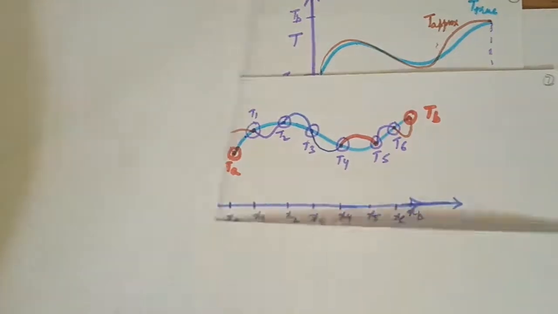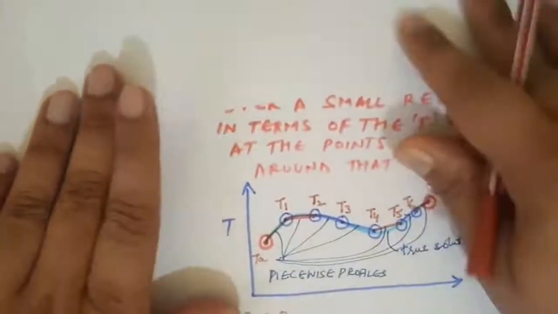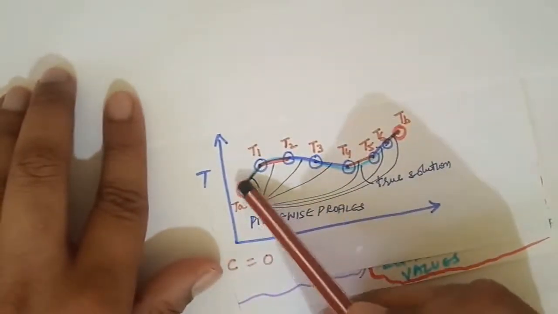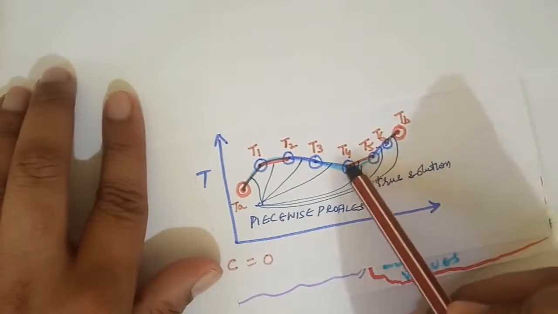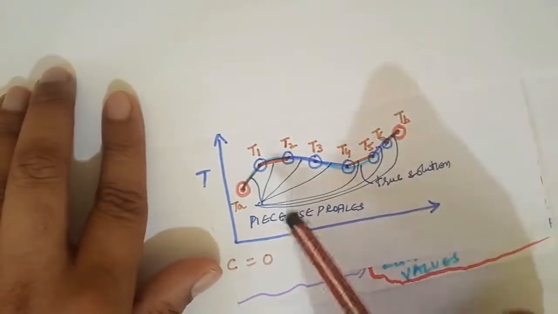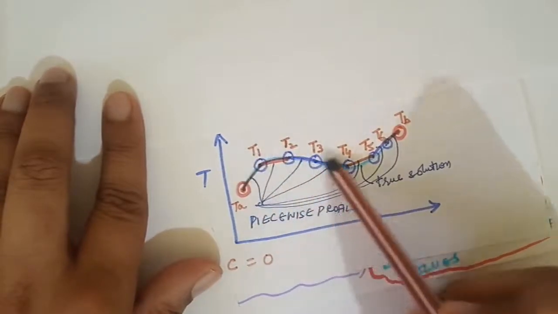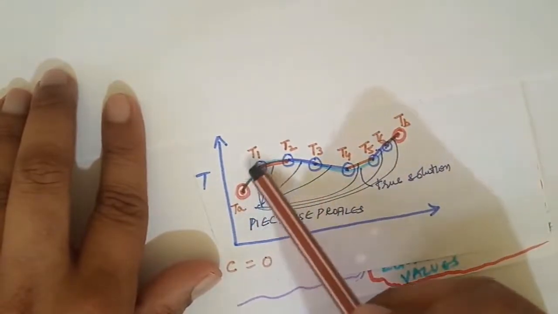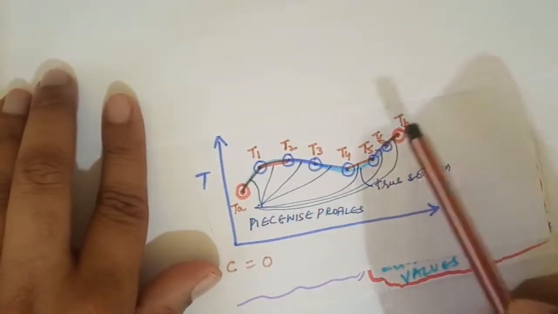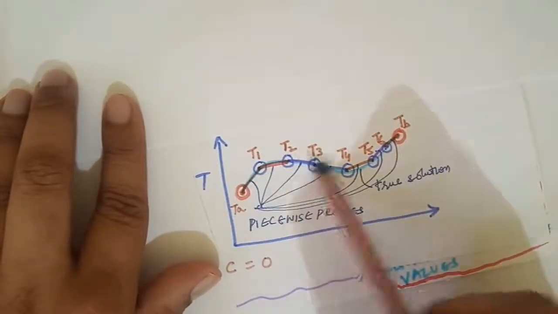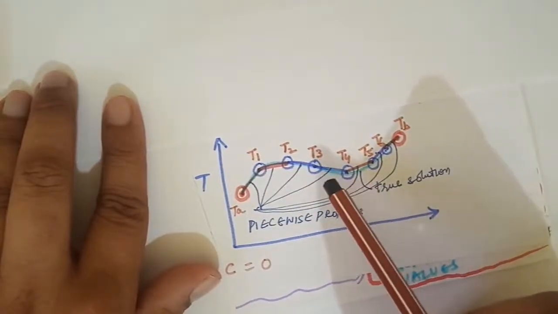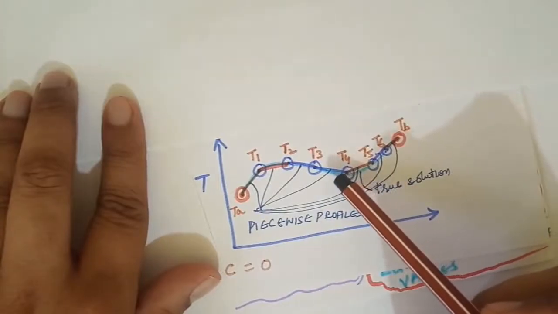Now for instance, say this is the true solution, this curve in light blue. Now instead of going for the curve that was true for the entire domain, I have divided the entire domain into subdomains, and each subdomain is now approximated using approximating functions.